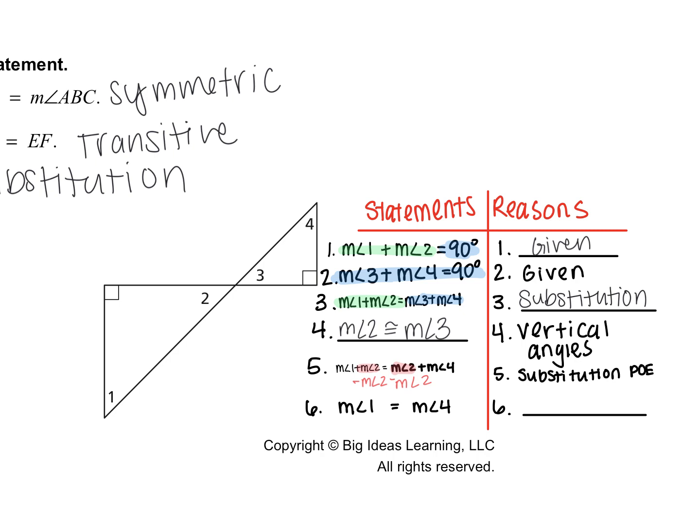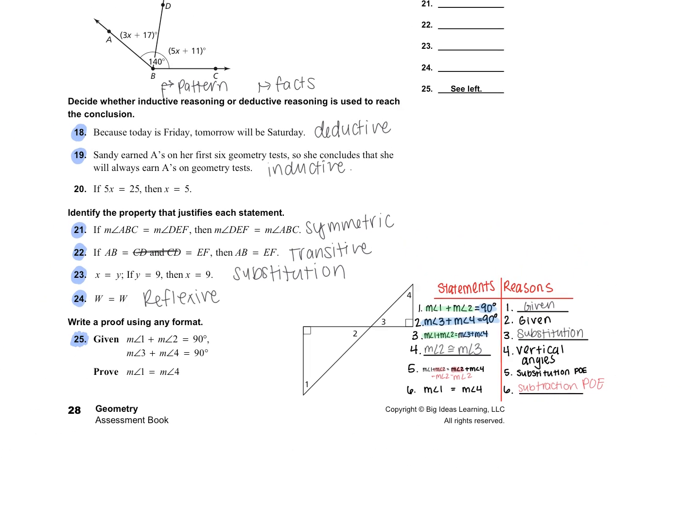And then looking at it, number 6 is going to be subtraction property of equality.